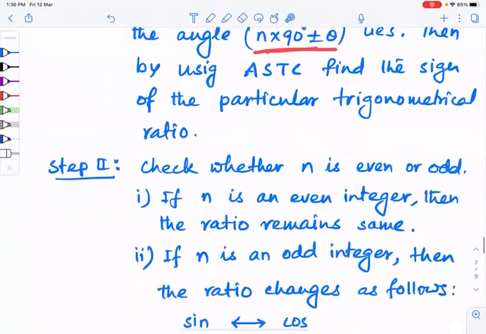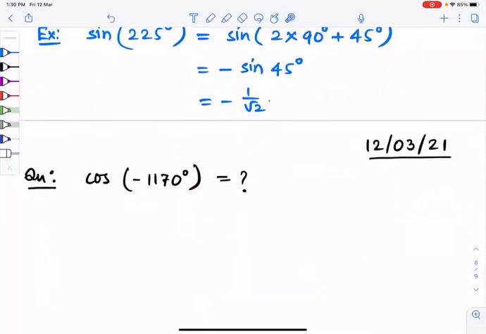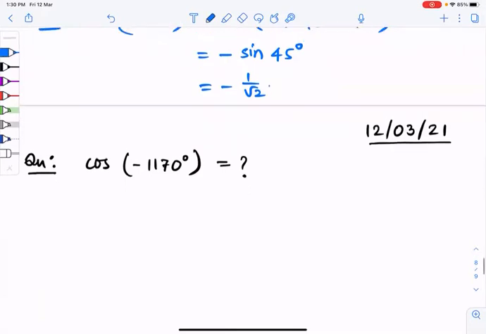Whatever angle is given, we have to find out which quadrant it lies in. So for that I have to divide it by 90. Those who are not understanding, I show them directly like this. If you divide 1170 by 90, then what will you get?